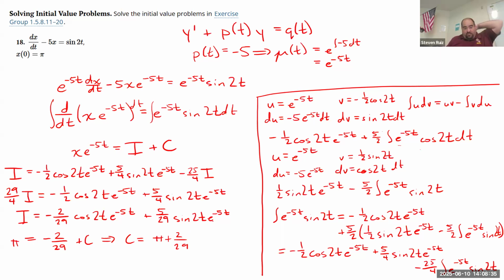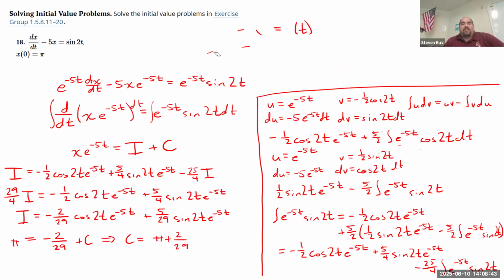All right. So we're almost there. I'm going to write my answer at the top of the page because that's the only place where I feel like I can delete something and keep going. So what is our final result here? If I can write it all in one shot, x of t equals this. Well, it equals I plus c.